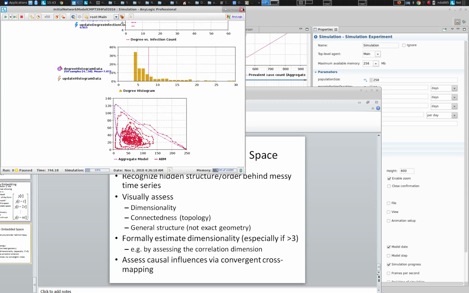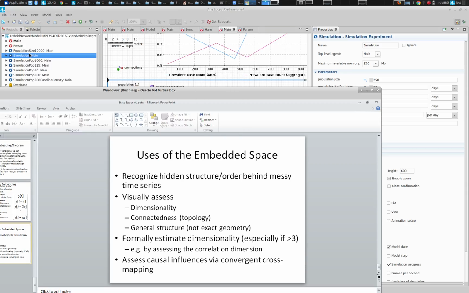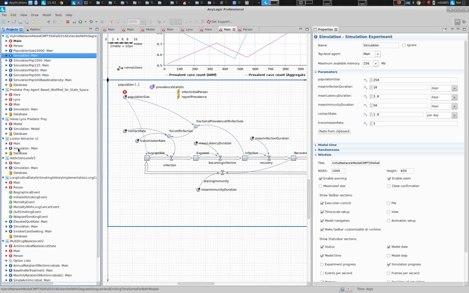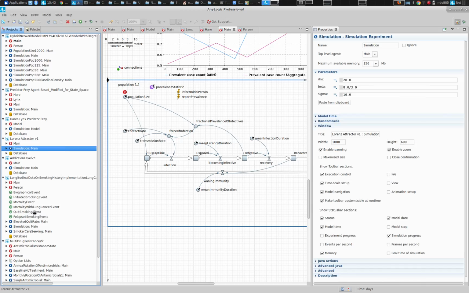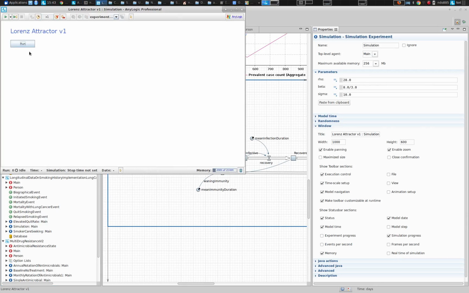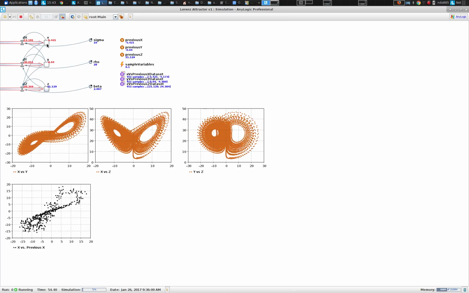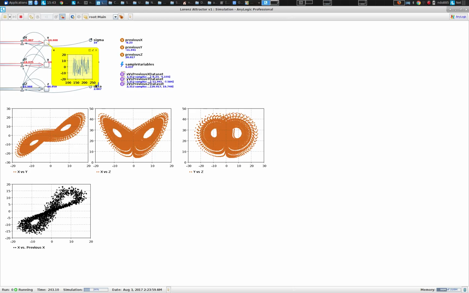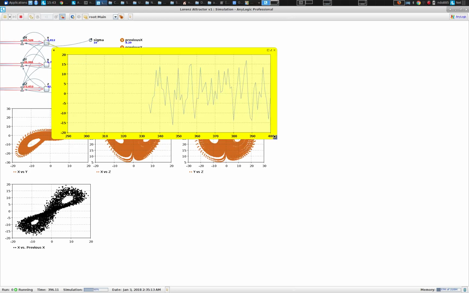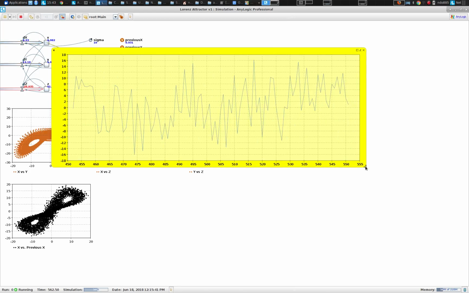So I'm going to pull up the Lorenz model, and we are going to run it, and I'm going to look at the value of a given stock here. The Lorenz model has three stocks, X, Y, Z, and I'm going to run it, and look at the value of one stock. I'll pick X without particular reason. So here we have a depiction of X over time.